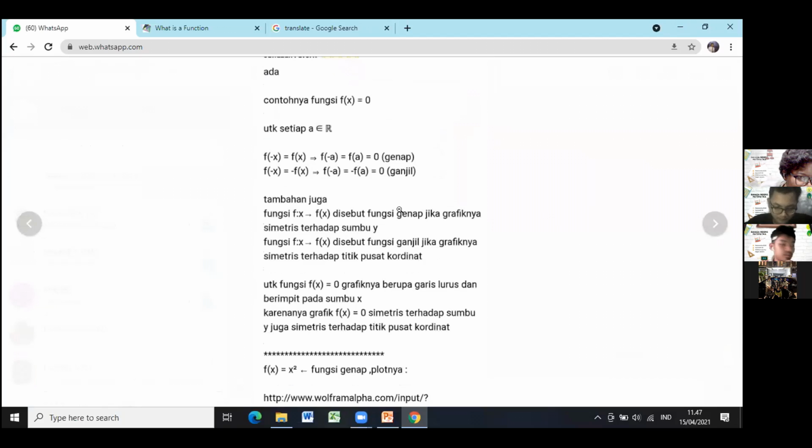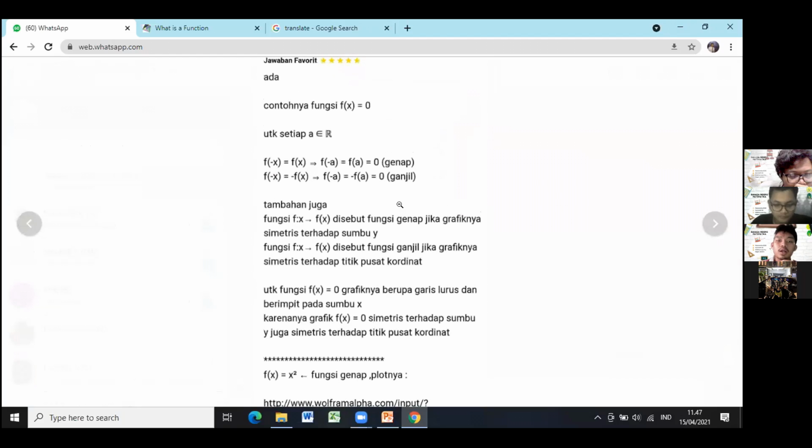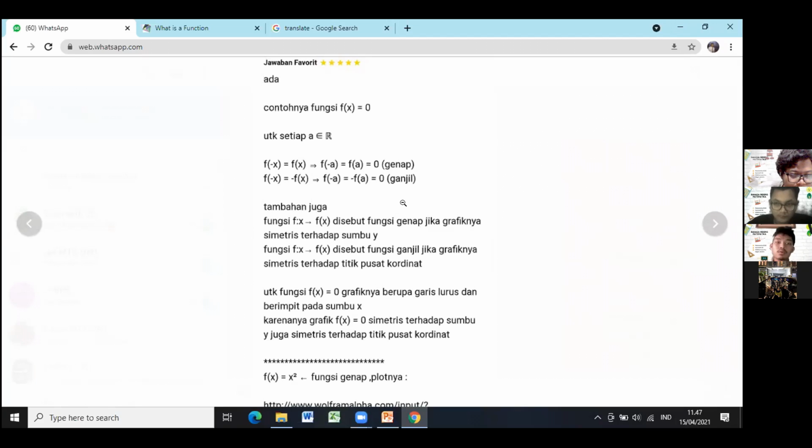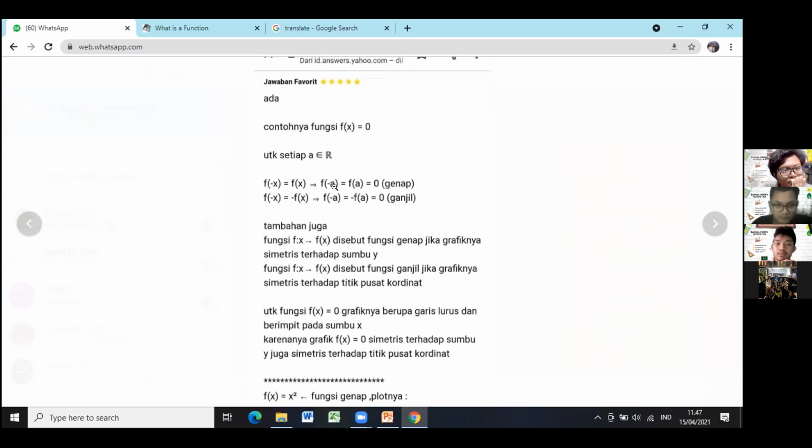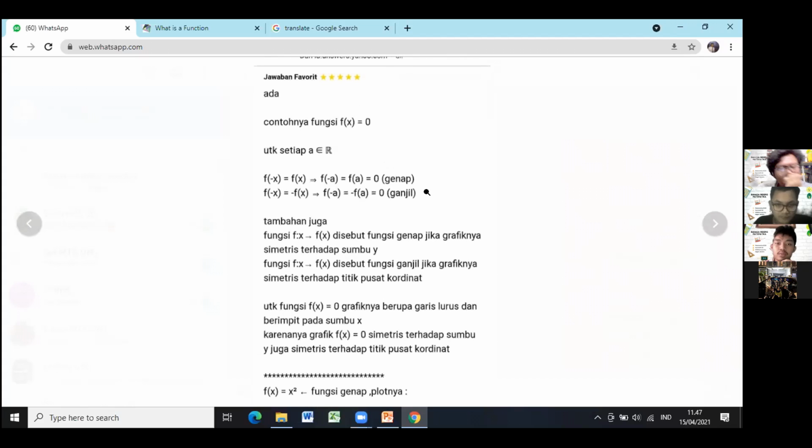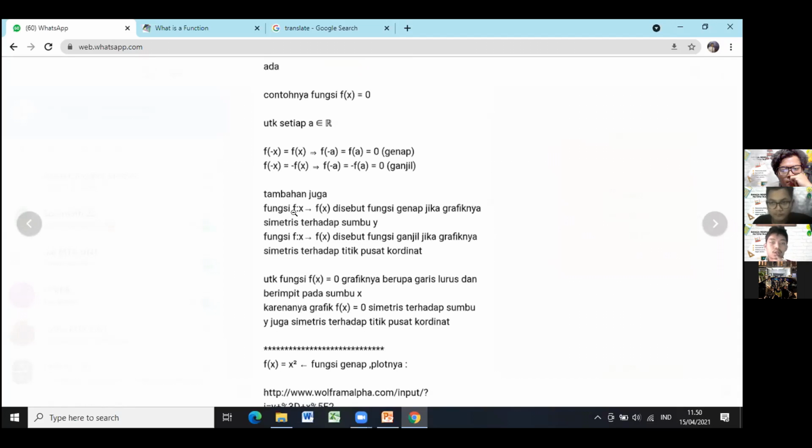If f(x) equals 0 for every x, a is a real number, f(-a) equals f(a) equals 0, so it is an odd function. f(-x) equals f(x) is an even function.